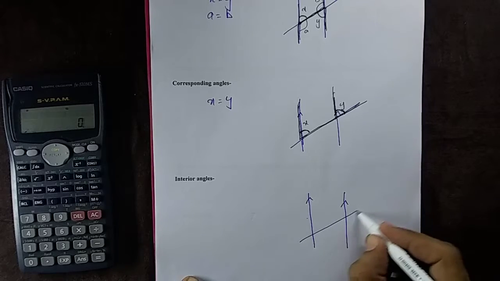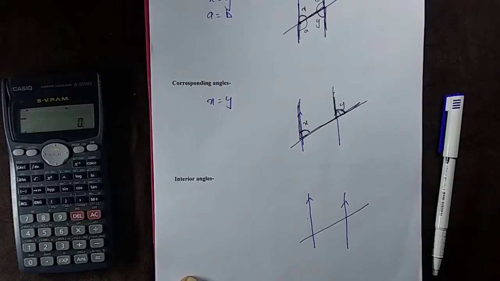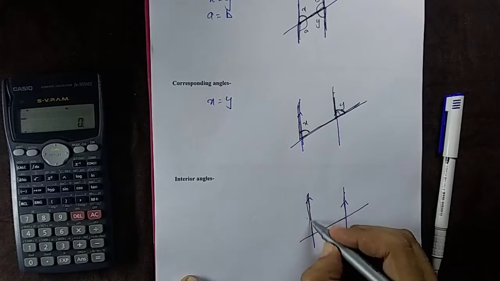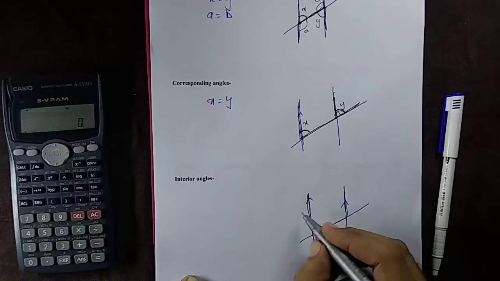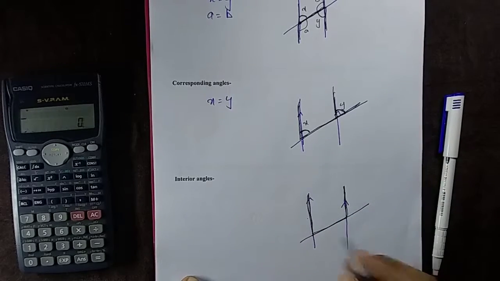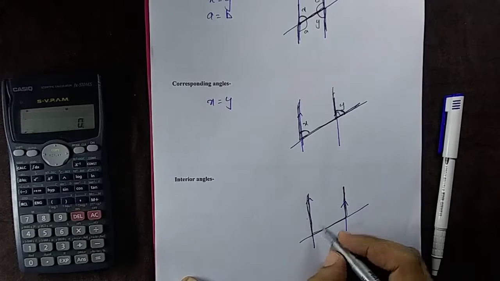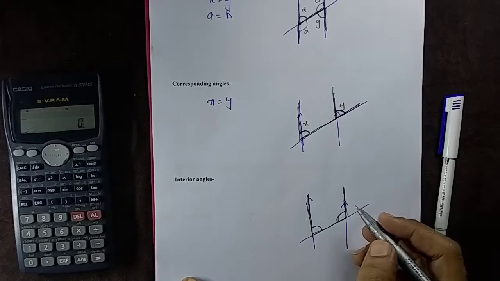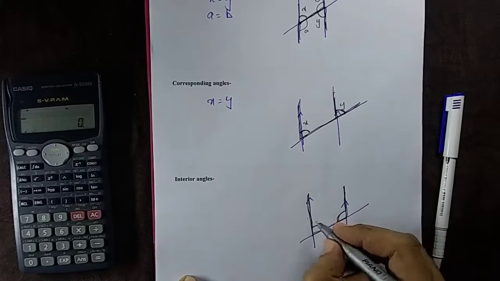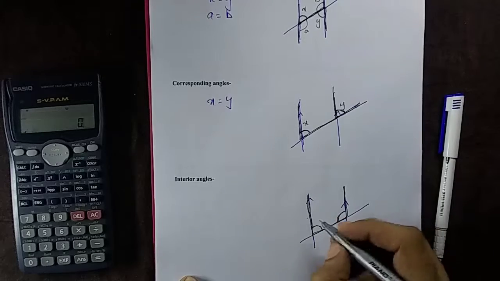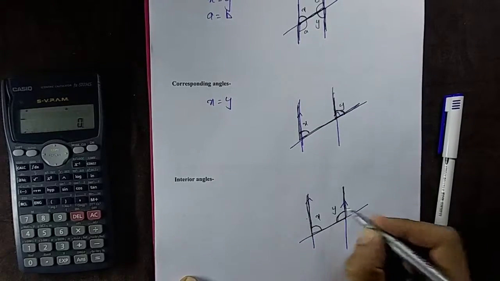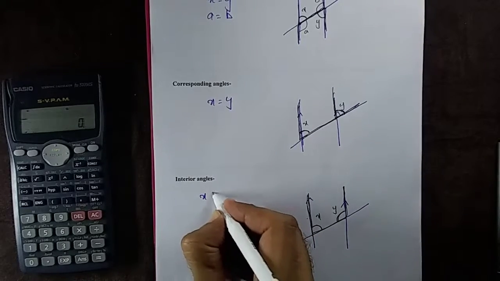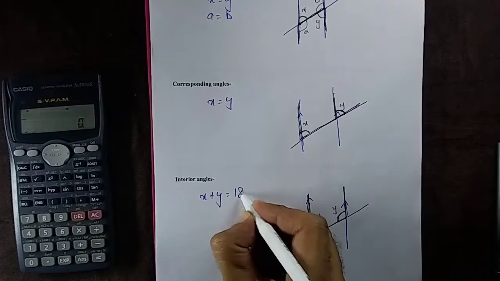If any third line cuts them, the interior angle property says that you have to look for the letter C. It doesn't look to be a C, but it behaves in some way as the letter C. So for interior angles, if these two are the interior angles inside the parallel lines forming the letter C, and the angles are labeled as X and Y, then as per the property of the interior angles, both the angles X plus Y should sum up to 180 degree.